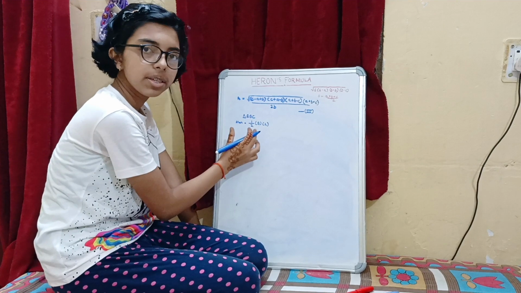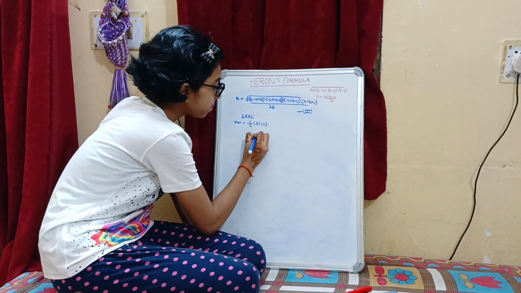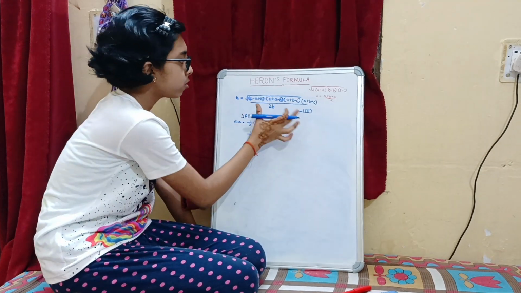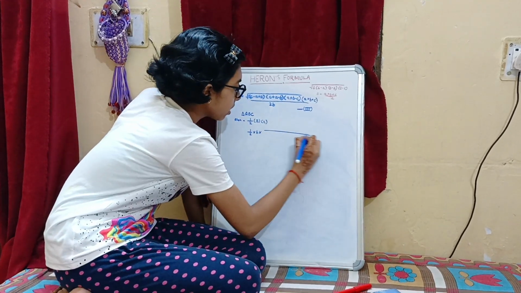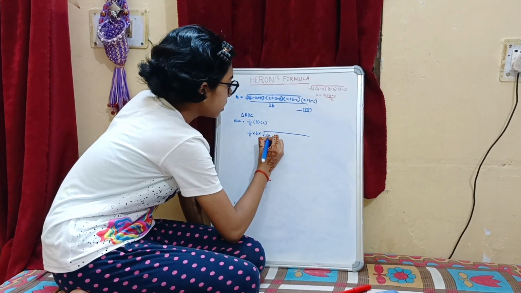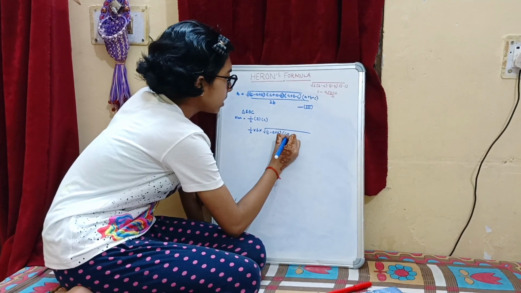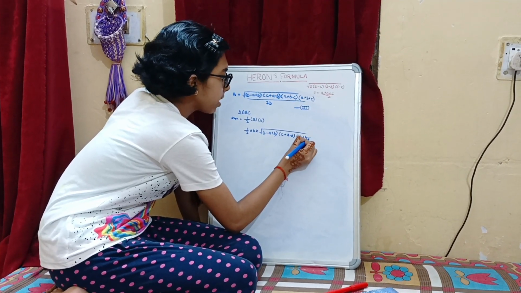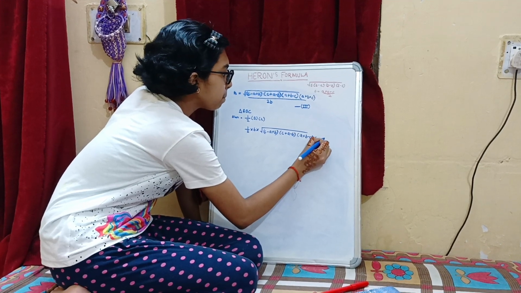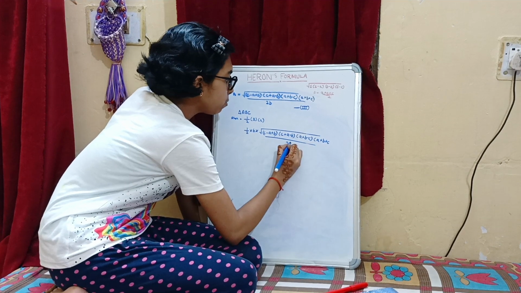In the triangle ABC, the b is small b and the h is equal to this. So we will put the third equation here, that is (c minus a plus b)(c plus a minus b)(a plus b minus c)(a plus b plus c) upon 2b.